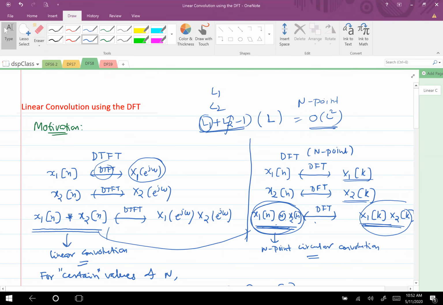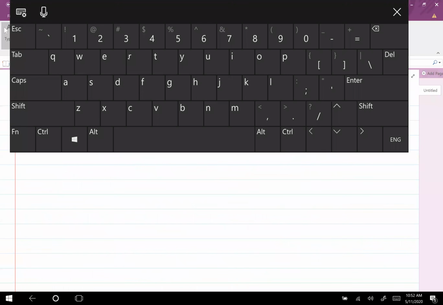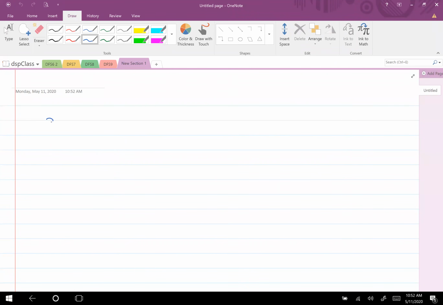Okay, let me write it here. Suppose I have a sequence x1 of n equal to, let's say, 1, 2, 3, 4, 5, and x2 of n equal to another sequence, or you take the same sequence, it doesn't matter.